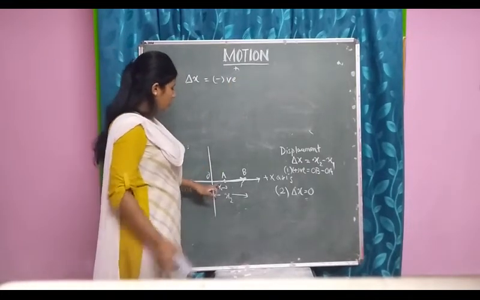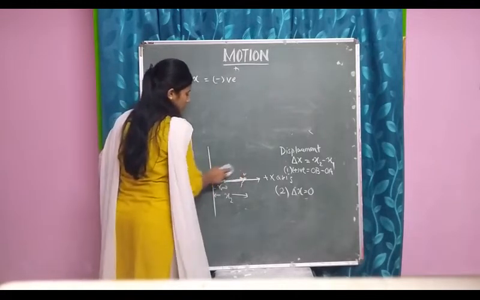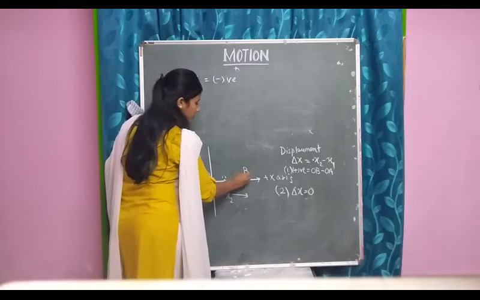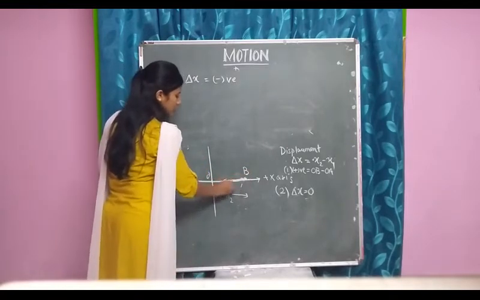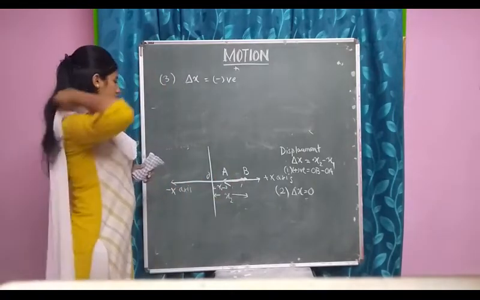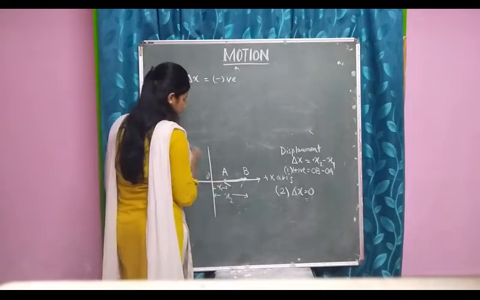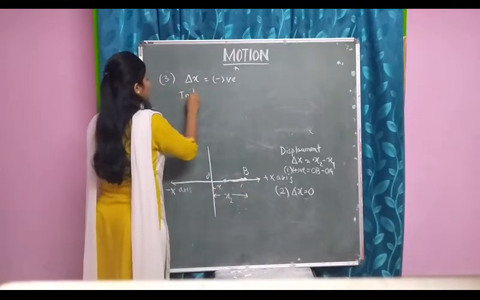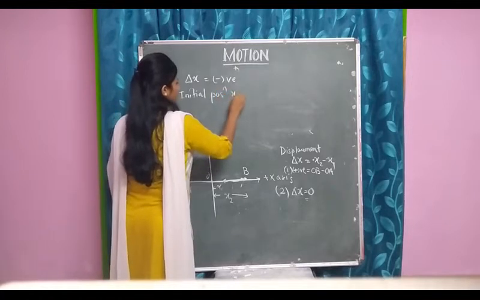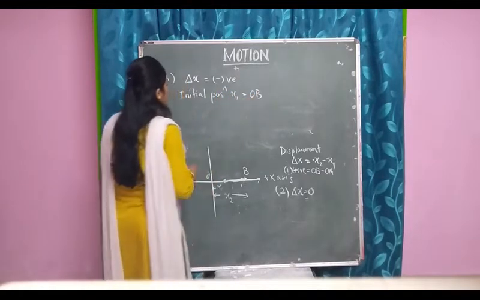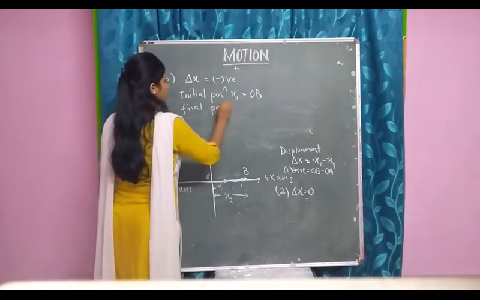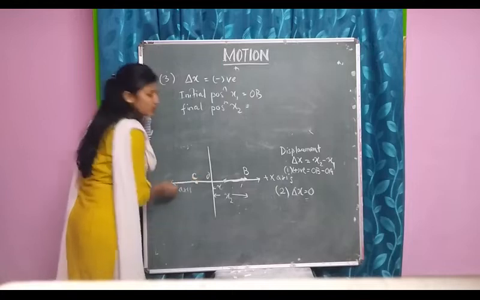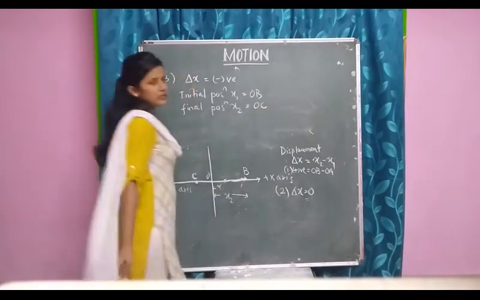Suppose the body is initially at point B and it is moving along this direction, towards point A. Its initial position x1 will be OB, and suppose the final position x2 is point C, then we have OC.